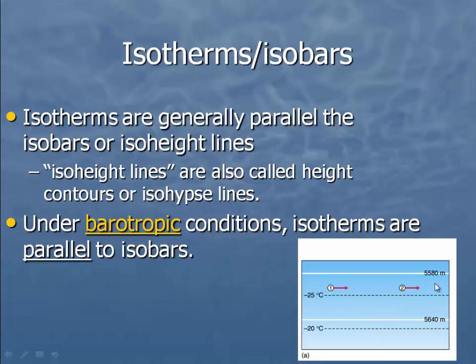Isotherms are lined up parallel to isobars. Therefore, the air temperature at location 1 is exactly the same as at location 2, and as air is advected, or moved horizontally, from location 1 to location 2, we really have no change in temperature after some period of time at location 2.